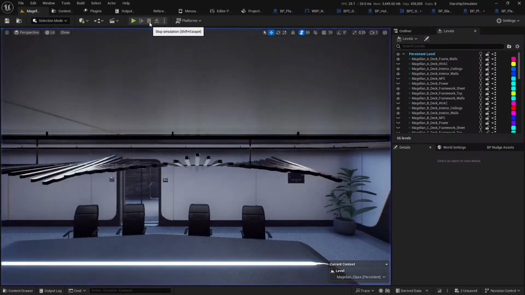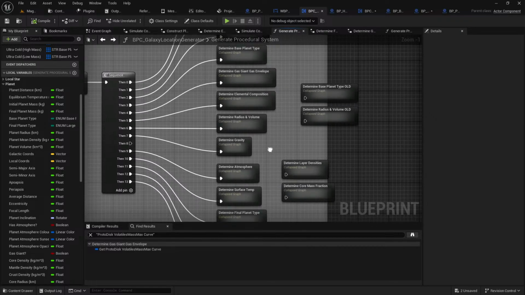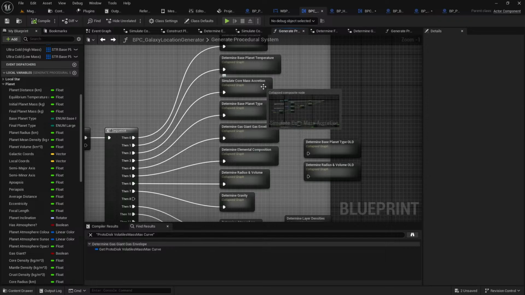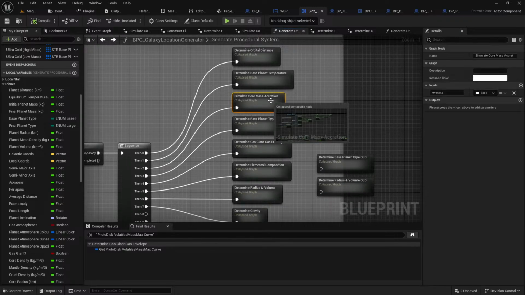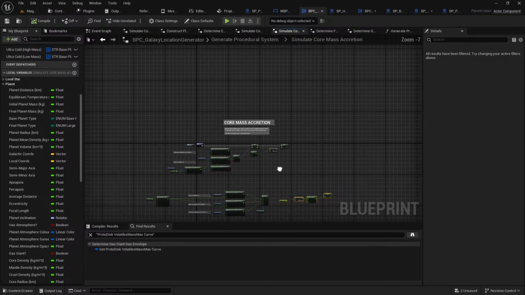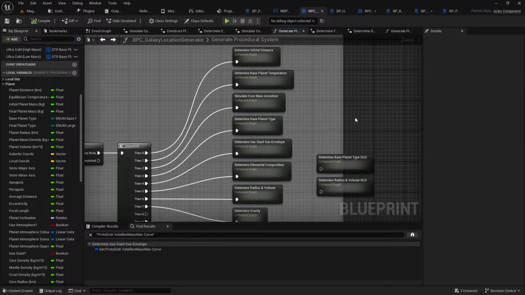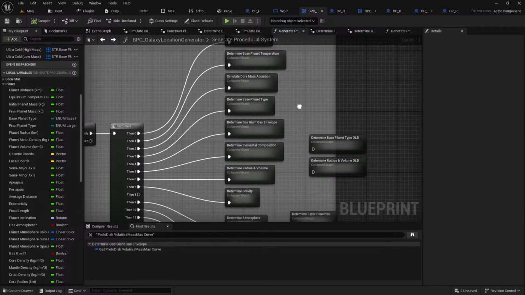I'm going to stop that because it was going to do something crazy, because I removed the bit of code that was deducting the mass from the protoplanetary disk. That would have been bad. We would have just had an infinite loop crash.